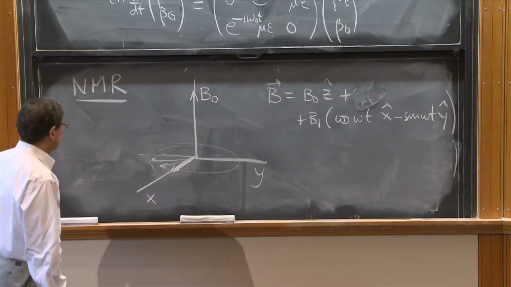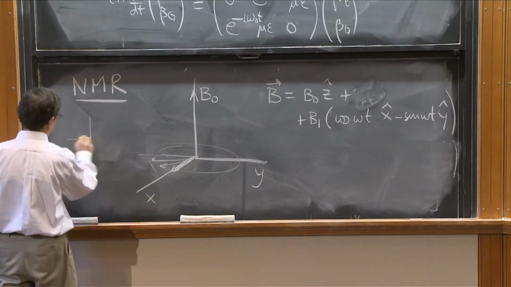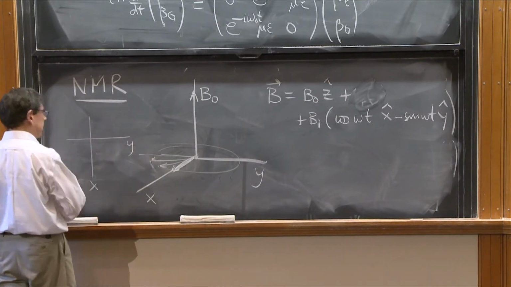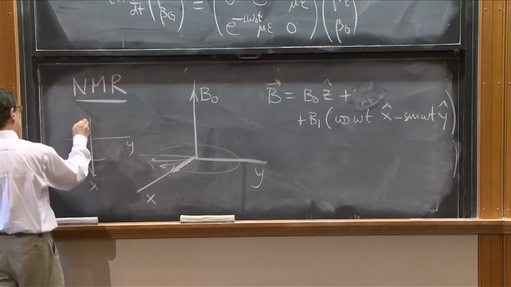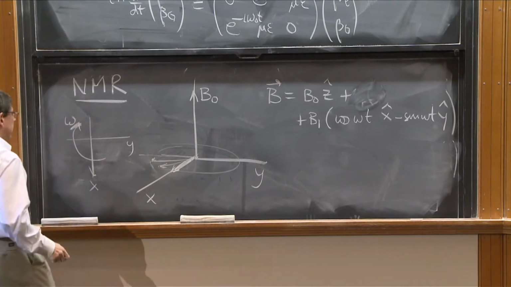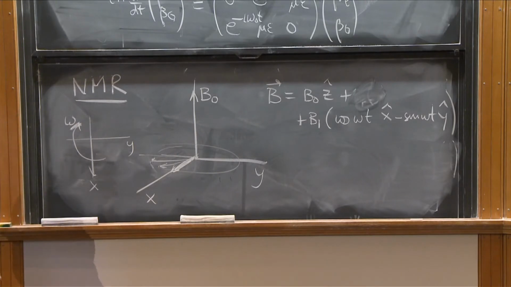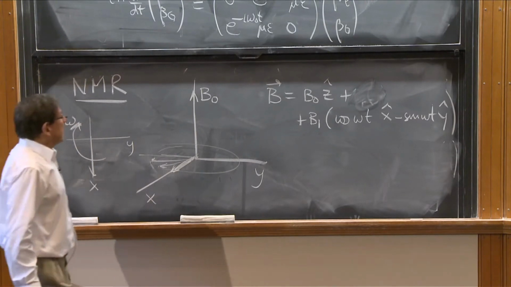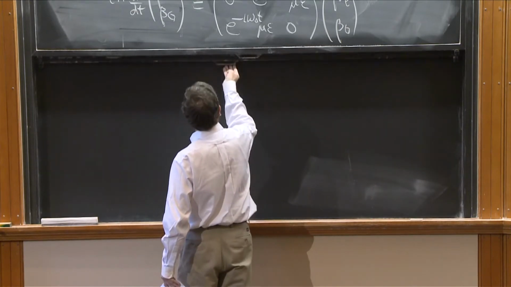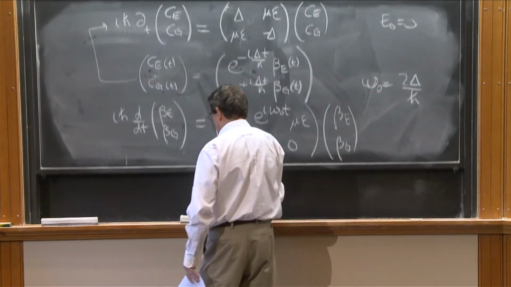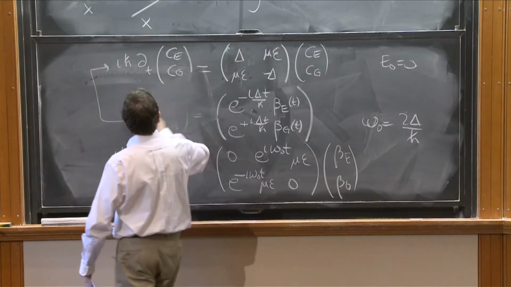So indeed, in the xy plane seen like this, you have it here, and it's rotating with angular frequency omega this way, clockwise. All right, so we have this magnetic field, and of course, we're going to try to figure out what spins do in it.